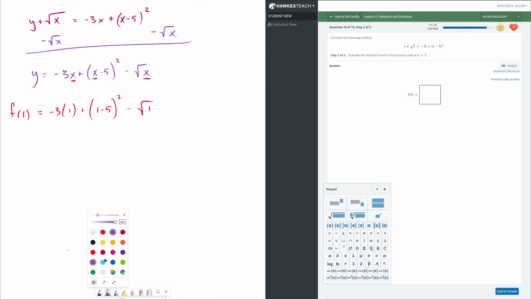And we just start doing it. F of 1 equals negative 3 times 1, so negative 3, plus 1 minus 5 is negative 4, squared, minus the square root of 1, which is 1.